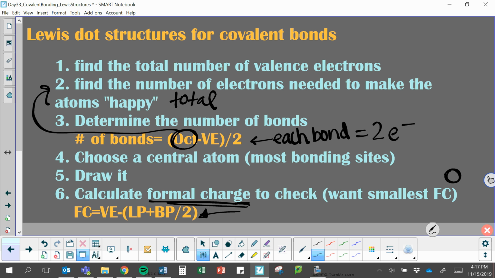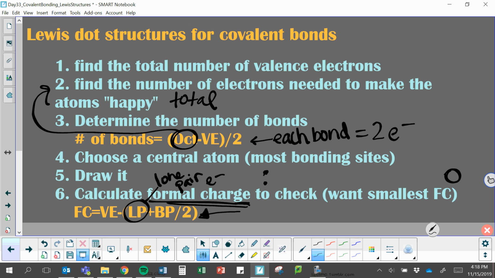It depends on if you want to think about it in math terms or non-math terms, I guess. So anyway, this is saying that the formal charge is equal to the valence electrons minus LP, which stands for lone pair electrons. This is when we just have dots next to things and they're not being bonded.